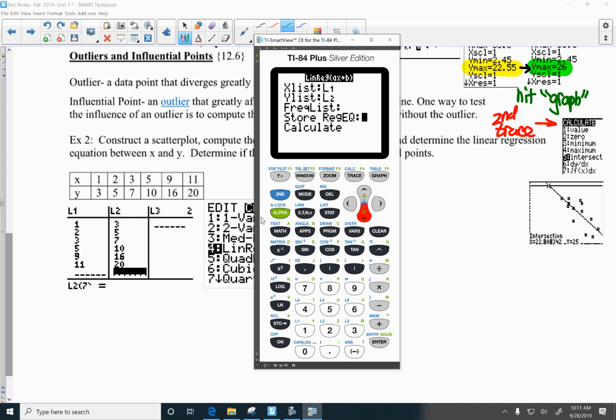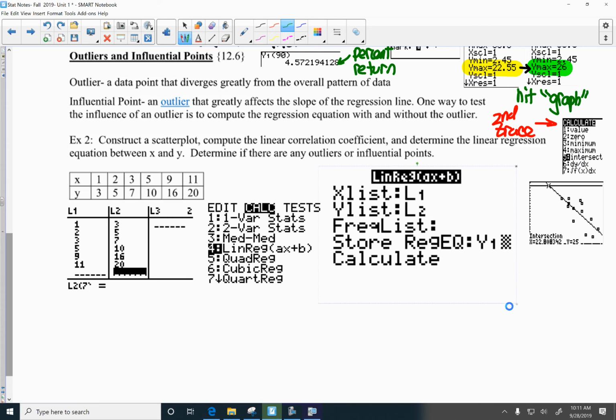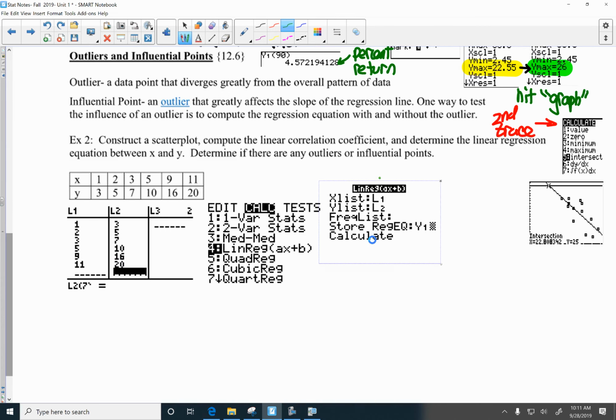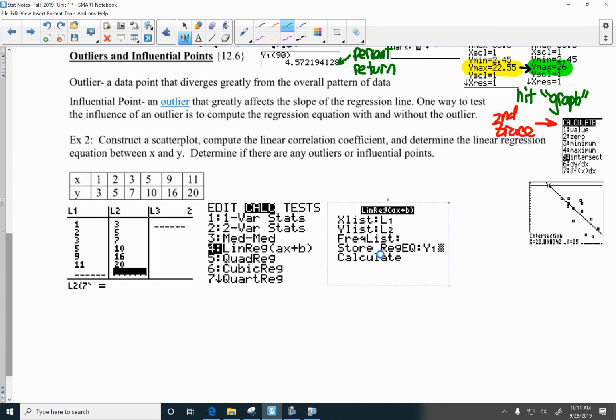So every time you do this function, you have to type in alpha, trace, Y1. All right, so alpha, trace, and then the Y1. And then calculate.